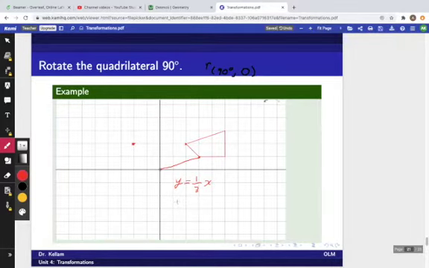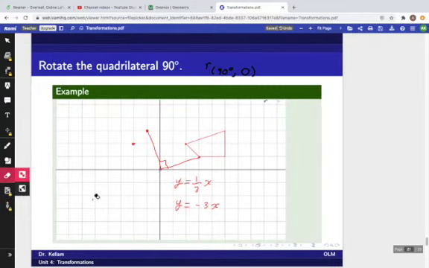The line that's perpendicular to it is y equals negative 3x. So that would be up 3, left 1. So there's our 90-degree angle.